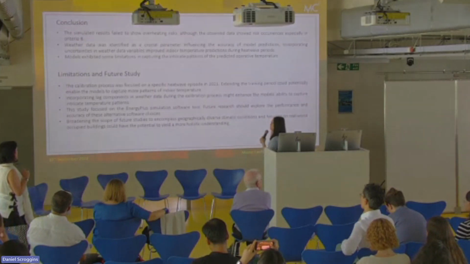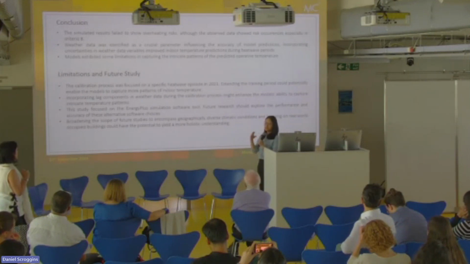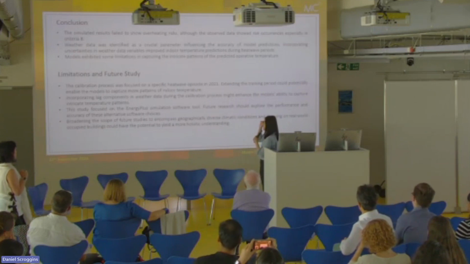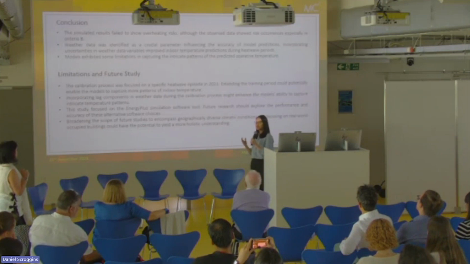So extending that period could capture more, and including the lag of temperature components would be able to capture more patterns. And as I mentioned here, encompassing geographically diverse climate conditions would help understanding, because it depends on weather data. So it would be different in other locations and other houses as well.